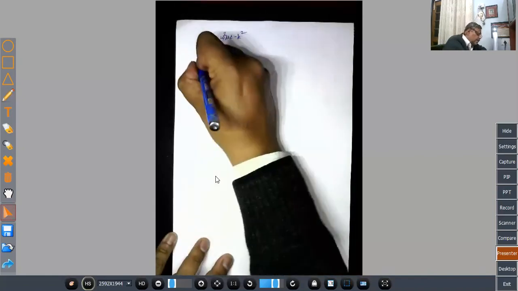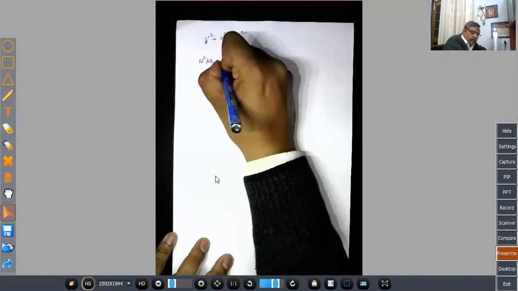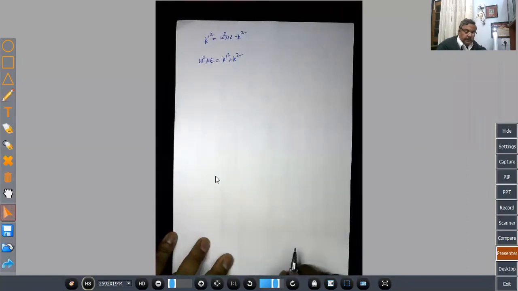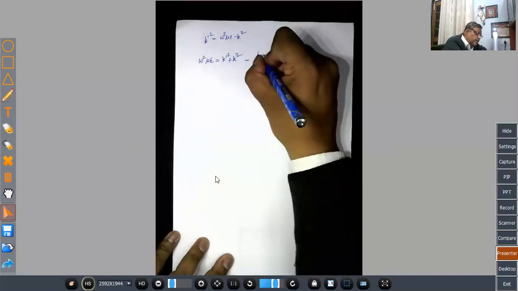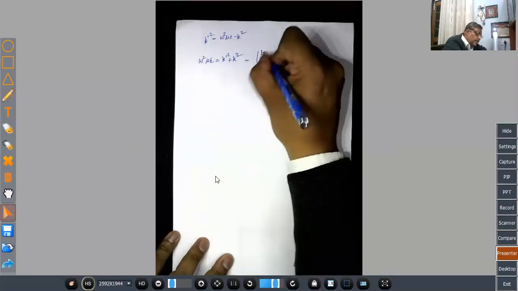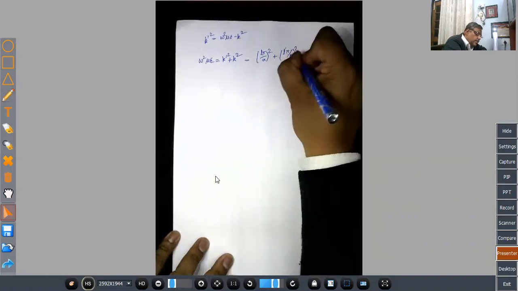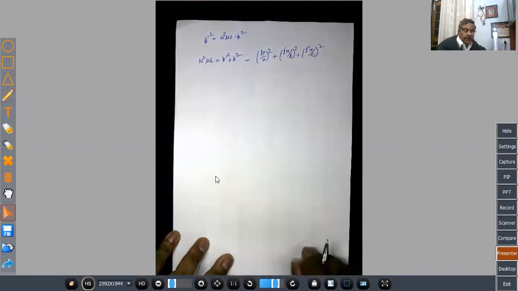So, rearranging the terms, this is equal to y by a square l dash by square.